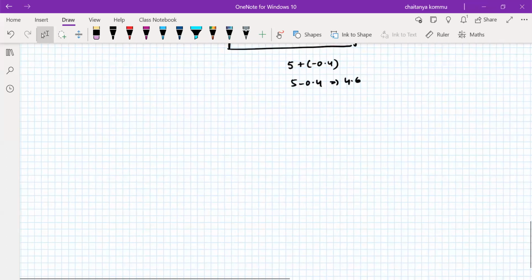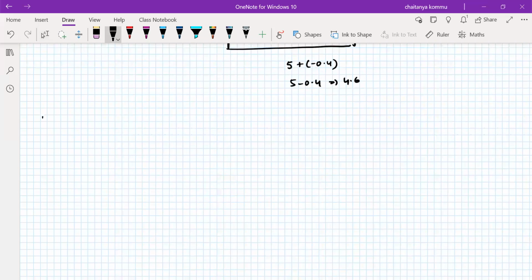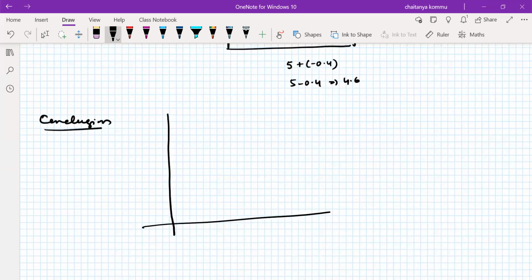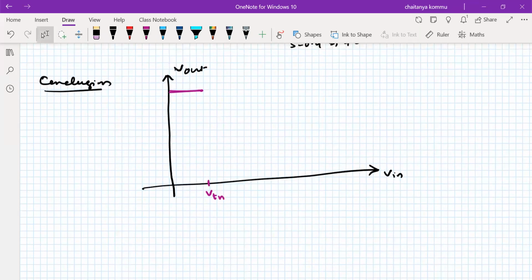Therefore, let us conclude very quickly. What is the conclusion for the voltage transfer characteristics? For example, you consider it in this way: VIN, it is called VOUT, up to the threshold voltage of an NMOS transistor. So this is actually VTN. One transistor is on, another transistor is off.